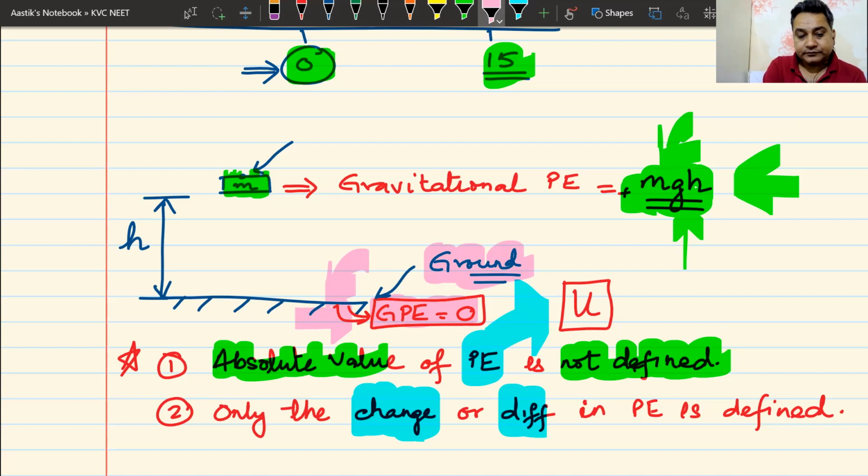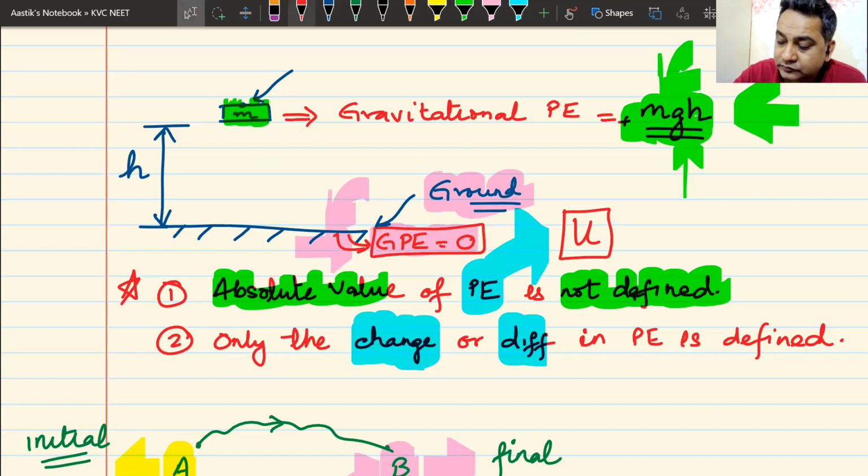So, the third point would be: there is no absolute value.